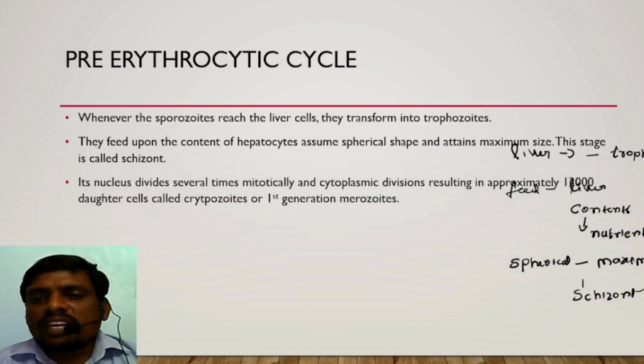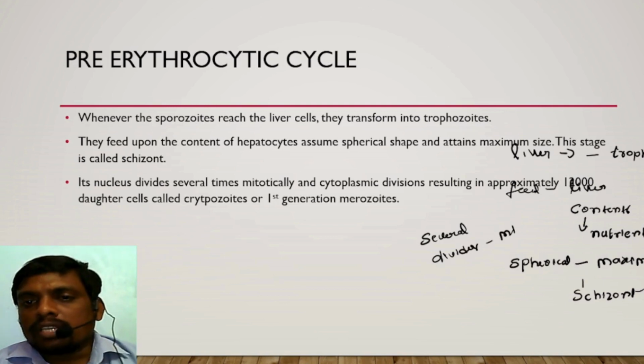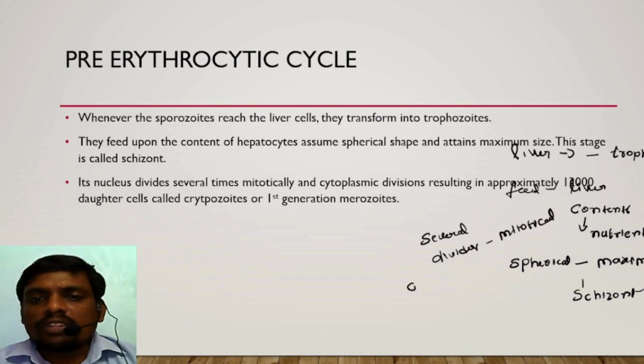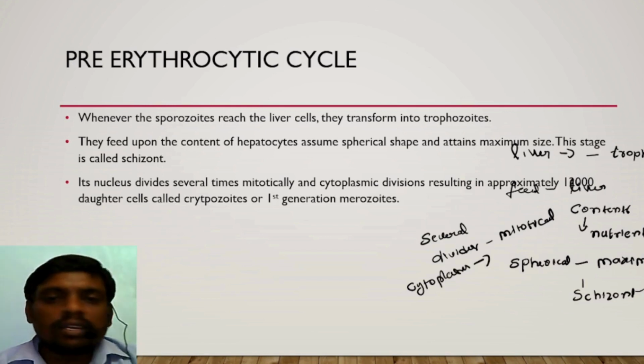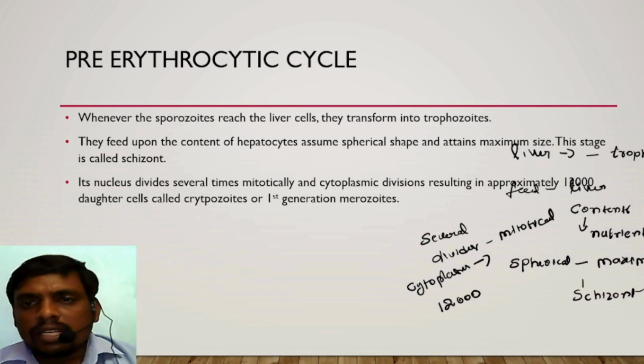Its nucleus divides several times, mitotically. Along with the nucleus, cytoplasmic divisions also take place, resulting in the formation of approximately 12,000 daughter cells. What are they?